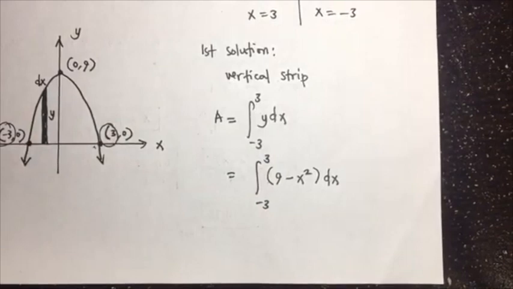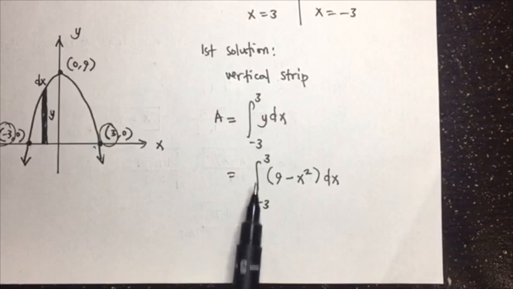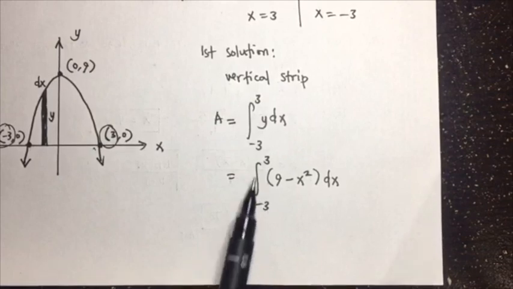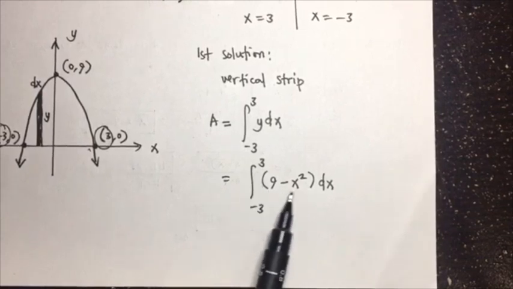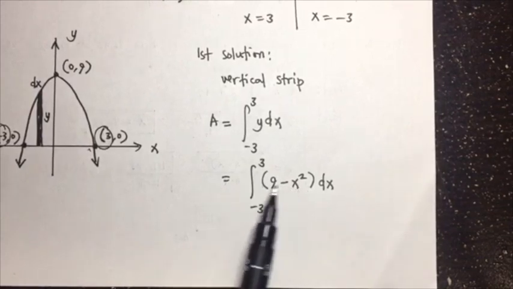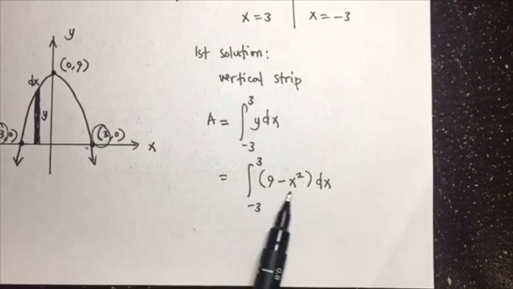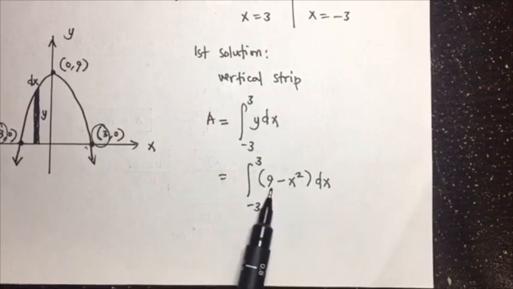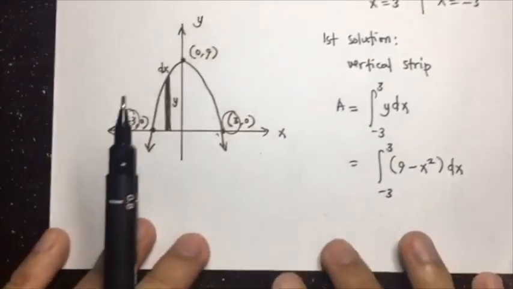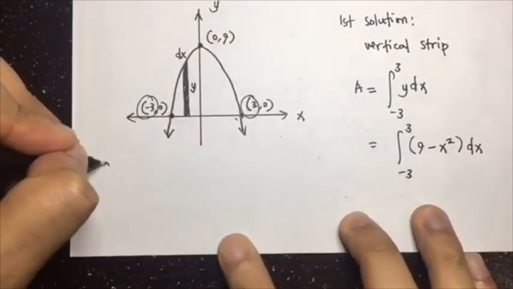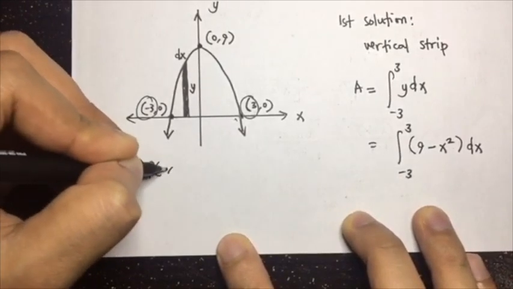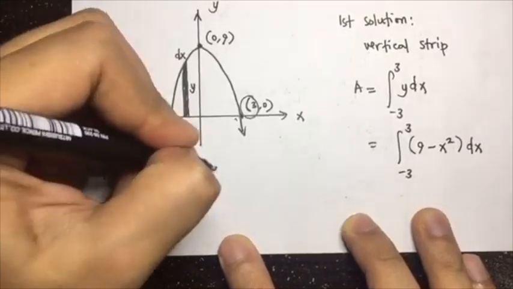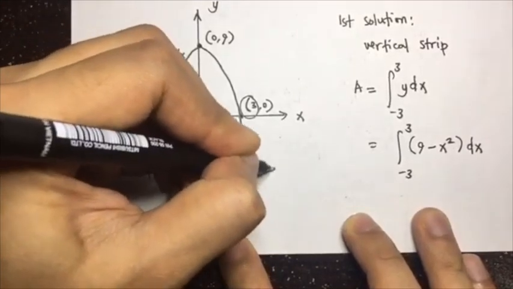Here we can use the properties of odd and even functions. From negative 3 to 3, we just need to check if the function here is odd or even. By inspection, we can see that this is an even function, because if f of x is equal to f of negative x, then this is an even function.